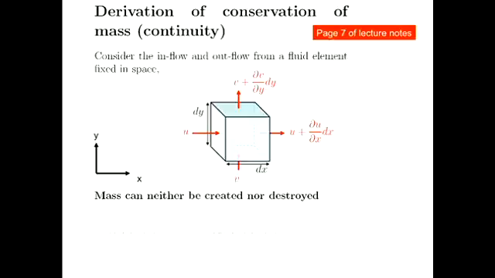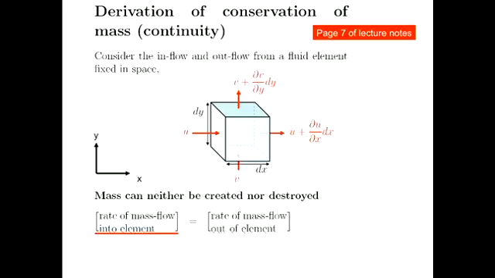For incompressible steady flow, that equation is just a complicated way of showing that whatever flows into our control volume has to flow out, okay?